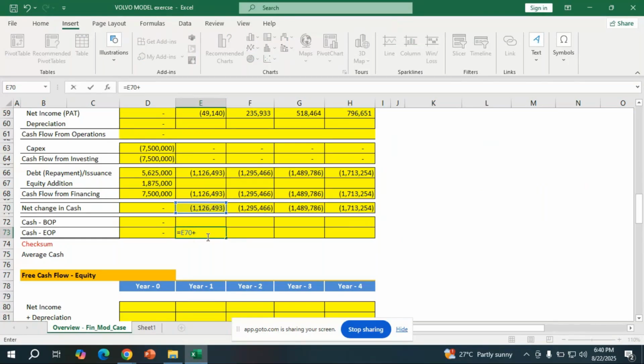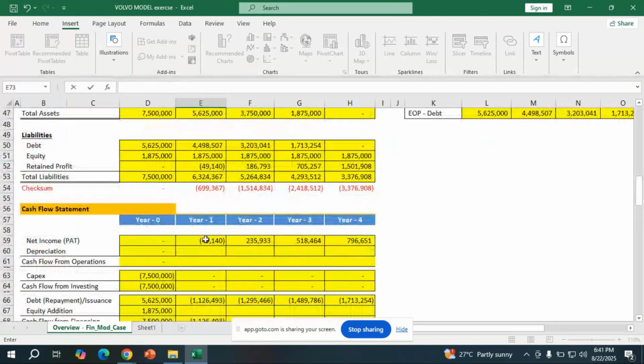Now, for year one, we have to start including the cash. So, where is the cash basically? Okay. Now, see here. In year one, did we have the cash balance? Yes. So, it's here.